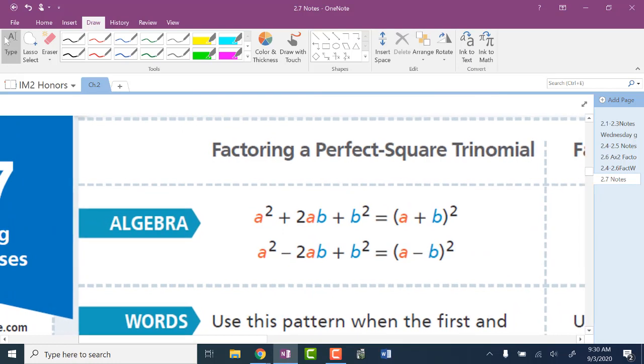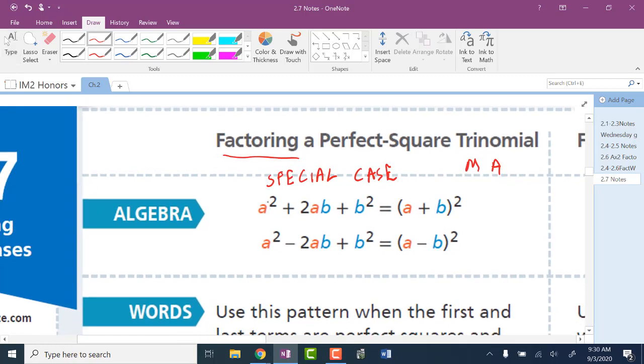Now, the perfect square trinomials, we can actually factor that by MAs and not really worry about this being a special case. But if you want to go ahead and write this down in a couple that they use as an example, go for it. It is a trinomial, and I'll show you an example.